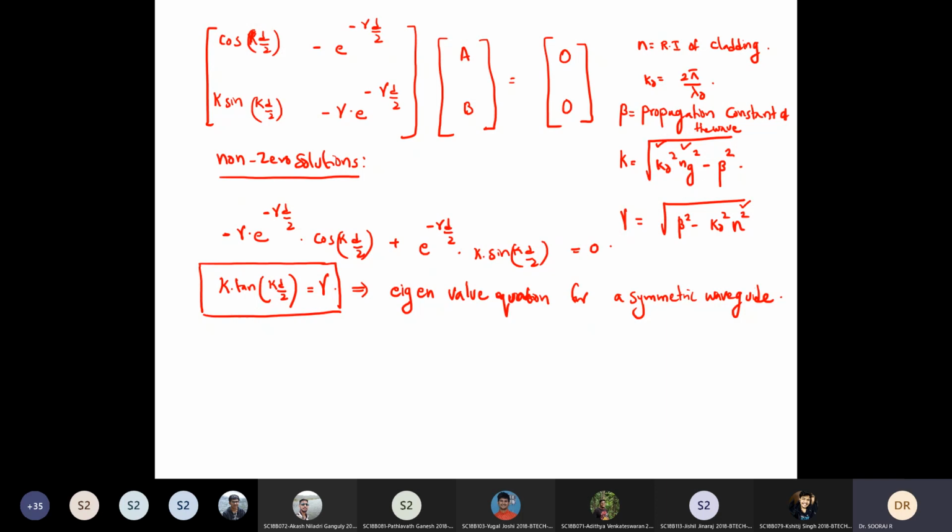So I would rewrite this equation. You have this equation, kappa tan of kappa d by 2 is equal to gamma. I'm now going to multiply the left hand side and the right hand side by d by 2. So gamma into d by 2 is equal to kappa d by 2 into tan of kappa d by 2.